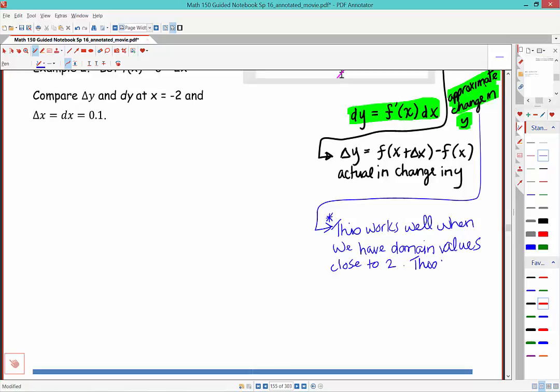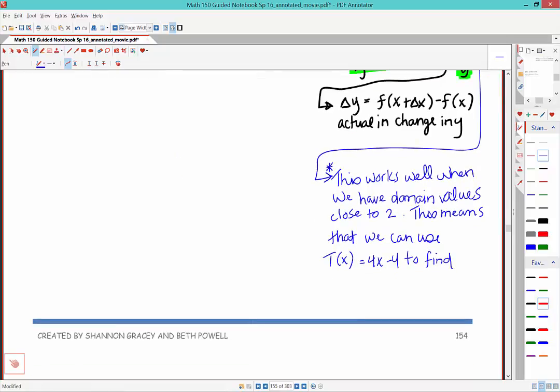This means that we can use our T at x equal to 4x minus 4 to find function values, so f at x outputs, when x is near 2. All right, so that's pretty much the whole key of this business.